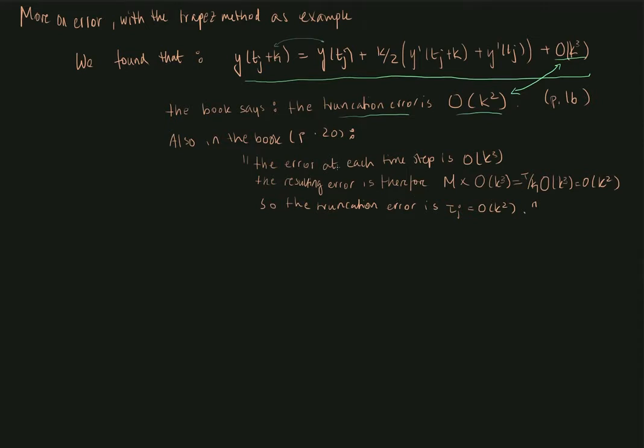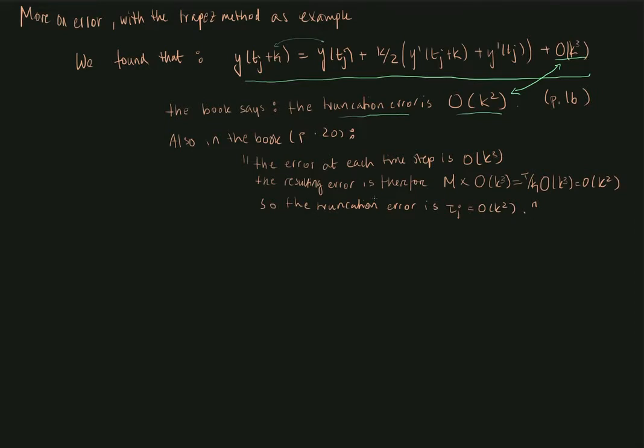Well, in the book on page 20, where they have just finished finding the trapezoidal method, the difference formula for their trapezoidal method using the trapezoidal rule from integration, they say the error at each time step is big O of k to the third. So that's also what we say.